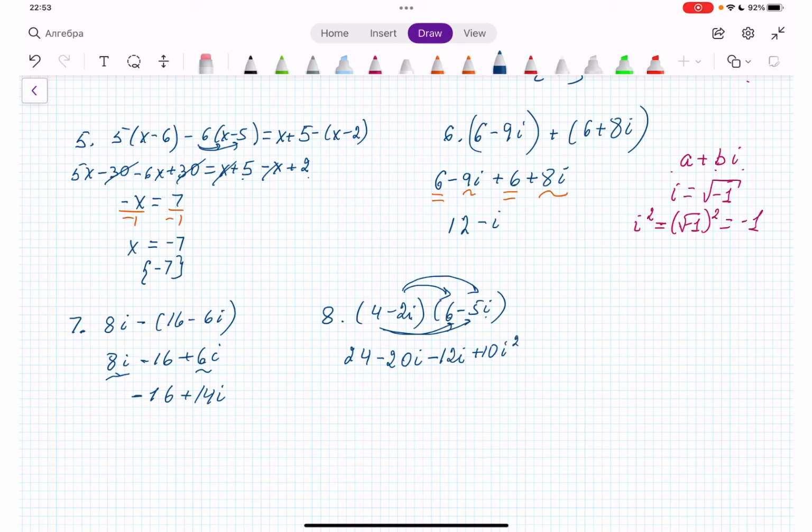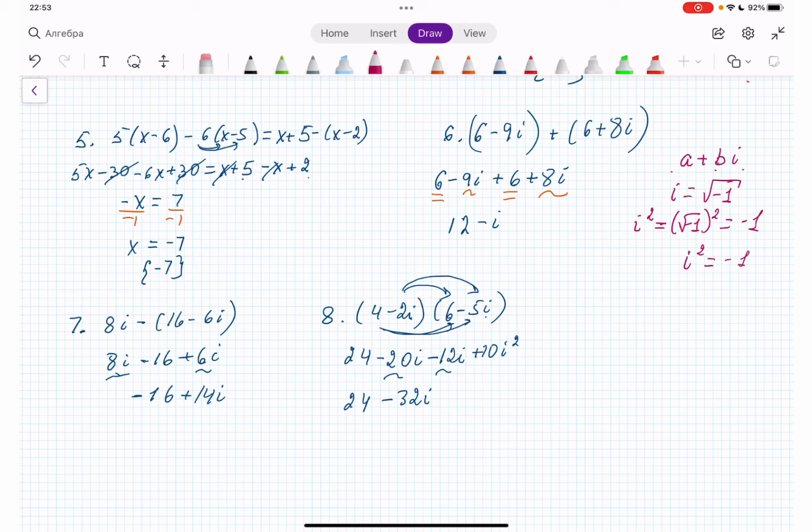So what does that mean? Let's first of all combine these two. I will get 24, and negative 20i and negative 12i will be negative 32i. And 10i squared. Remember what I told you. i squared is equal to negative 1.